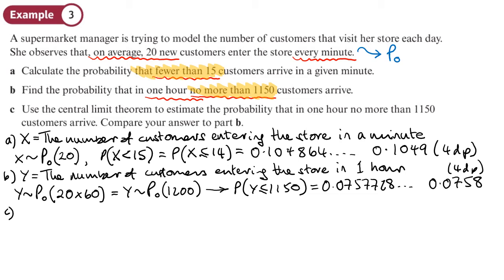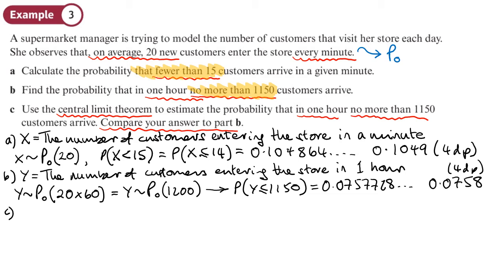Part C, use the central limit theorem. Okay, so the central limit theorem will say basically that all of my samples are normally distributed to estimate the probability that in 1 hour, no more than 1,150 customers arrive, and then we're going to compare our answer to part B. Do we get a similar answer or a slightly different answer?